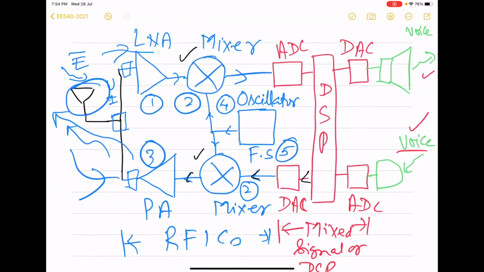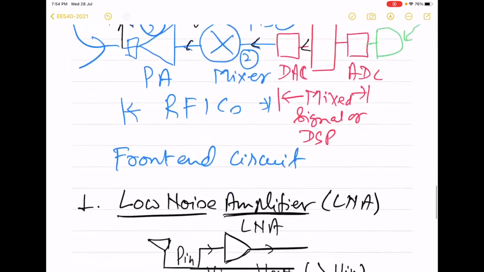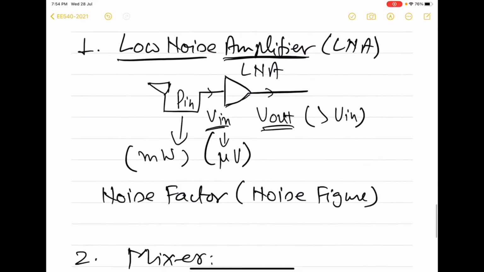So it fulfills two objectives. It increases the frequency that is fed to antenna, so antenna size can be small, and at the same time it also puts every user at different frequency location so that the receiver will be able to easily segregate the desired signal or the desired transmitter from the other one.